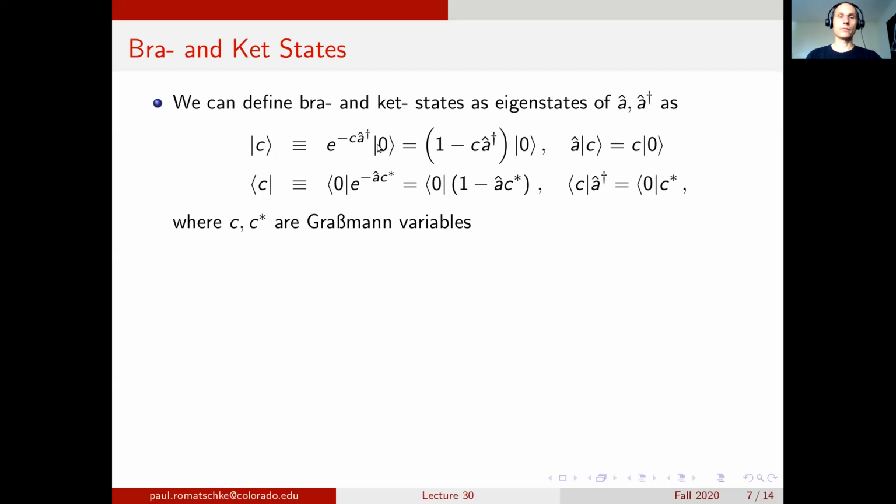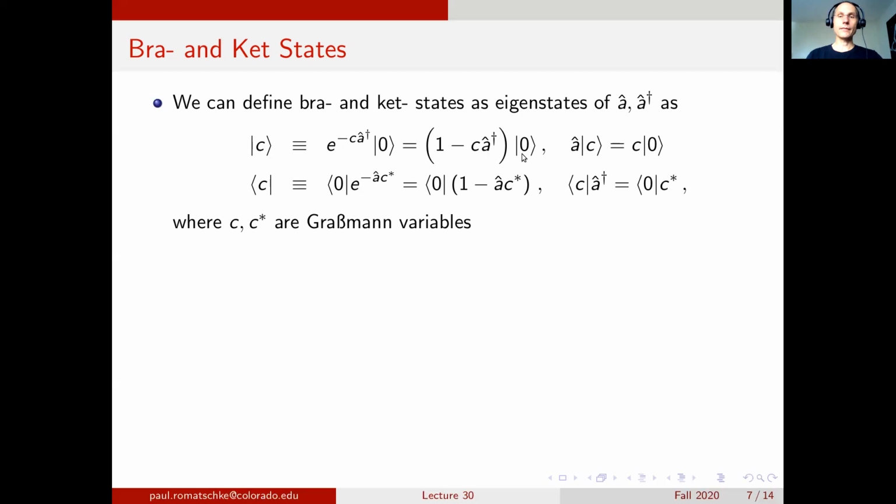And since the operator A dagger is anti-commuting, we can expand the exponential and find that terms higher than the linear term in A dagger all vanish. So the exponential becomes just 1 minus c times A dagger acting on 0.